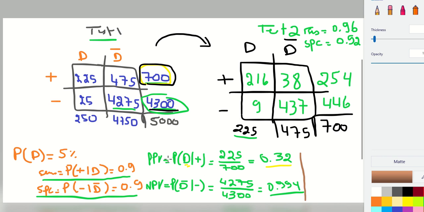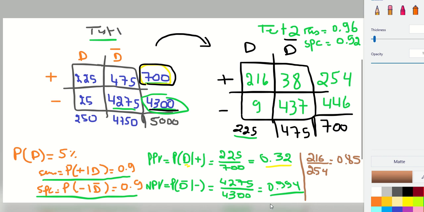So the positive predicted value is, out of everybody that tested positive, how many actually have the disease? So my total now is 254, and actually 216 have the disease, and that gives you 85%, 0.85.